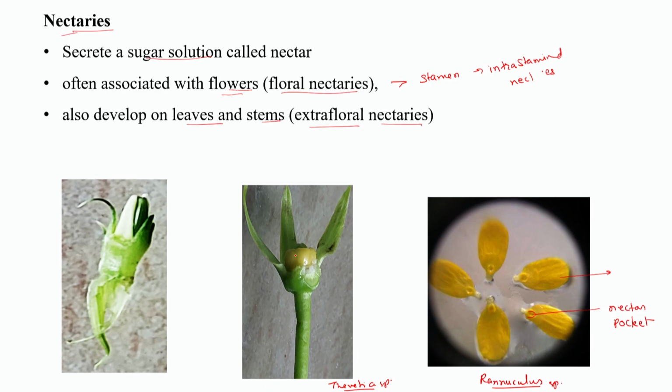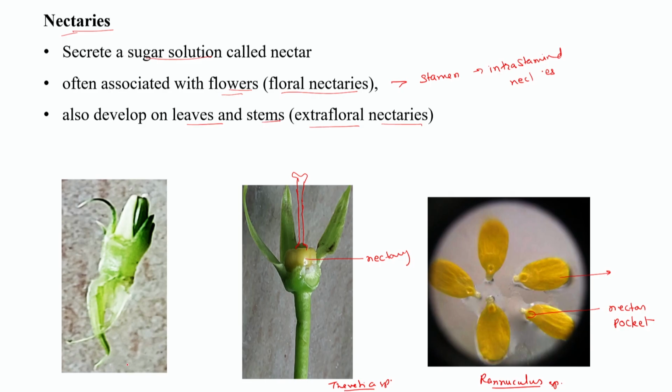You can see that at the base, the ovary is present and it is surrounded, encircled by a ring of nectar, you can say. This is also a nectary. So a yellow color nectary surrounds the ovary. Here you can see the ovary coming out, style will be there and stigma will be there. So all these things will come out from here.